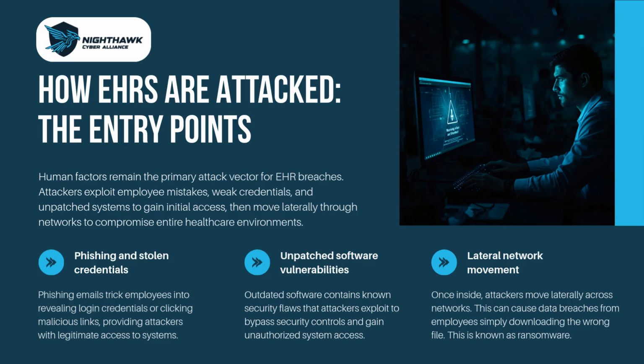Phishing tricks employees into revealing login credentials or clicking on malicious links. Outdated software contains known security flaws that attackers exploit to bypass controls. And once inside, attackers move through the network.